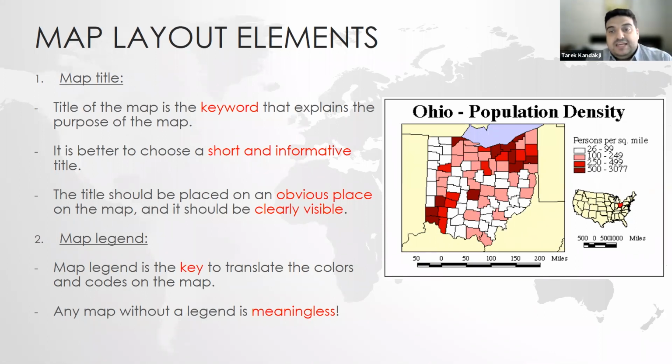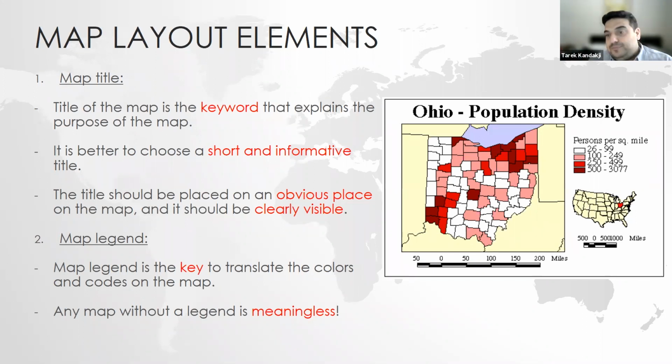For the title, it's better to choose the shortest and most informative one. Sometimes you can describe the map with a very long text, but that will take long for people to read, so they will just not look at it. The title should be placed in an obvious location on the map, and it should be clearly visible.